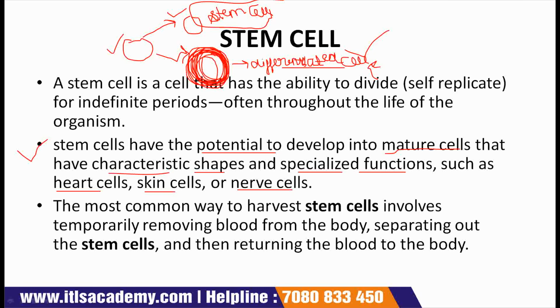We can also correct parts of organs that don't work properly. Apart from this, we can research the cause of genetic defects in cells, and we can also research how diseases occur or why certain cells develop into cancer cells.